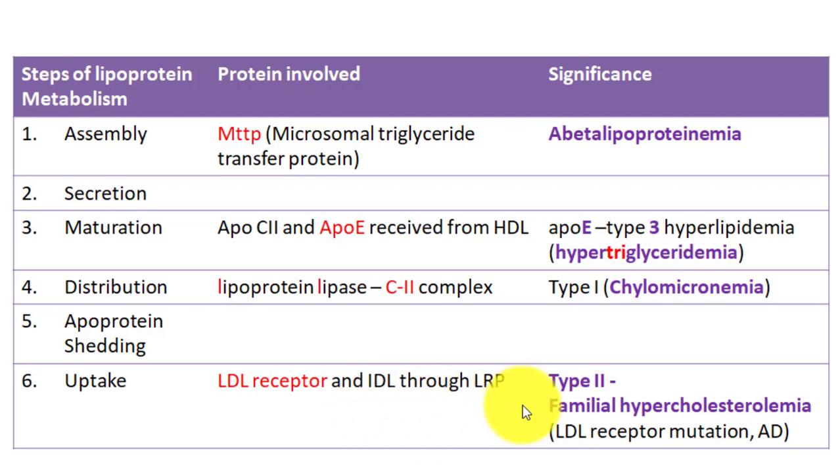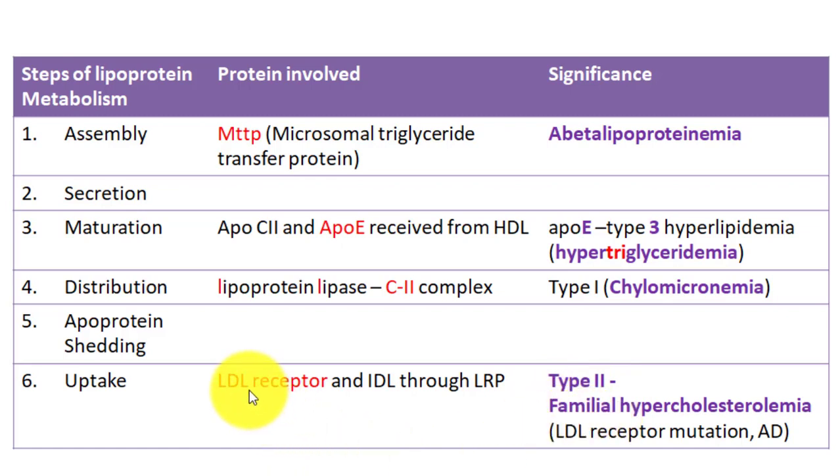And when there is a defect in this LDL receptor, it will cause type 2 hyperlipidemia, also called familial hypercholesterolemia. So deficiency or defect in the LDL receptor, or a low number of LDL receptors, will cause type 2 hyperlipidemia, and that is called familial hypercholesterolemia.